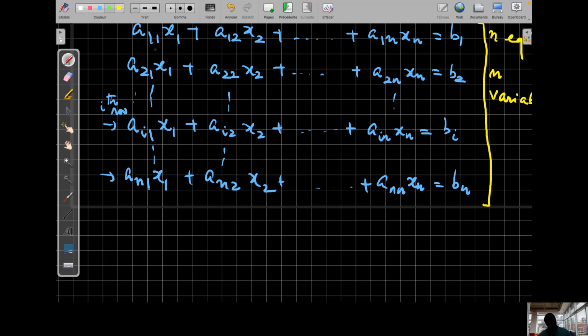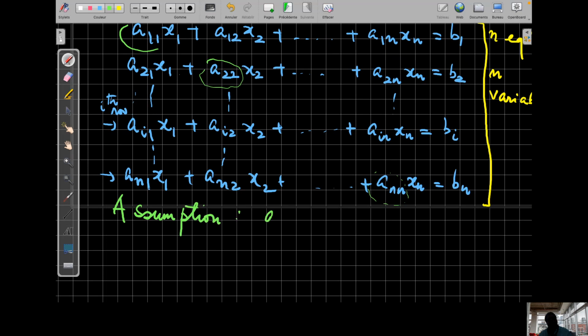Similarly, I consider a22 as a pivot element, aii as a pivot element, and similarly ann as a pivot element. Here I am going to write an assumption. It is very important that we understand this assumption, because if it is not true, then this system cannot be solved.